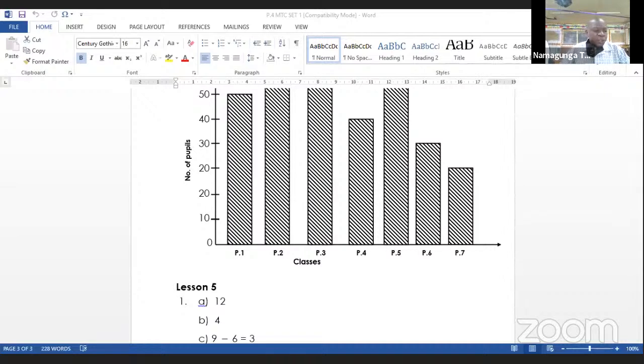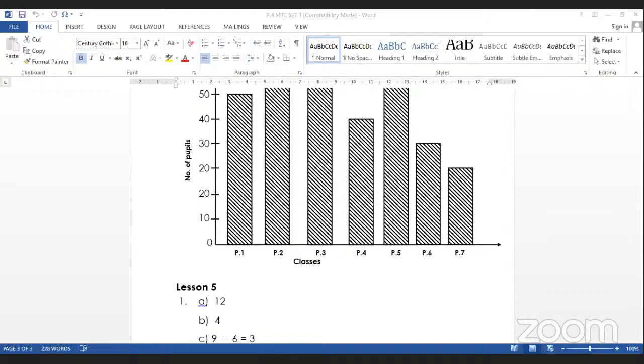How many more goats than sheep are on the farm? Whom should I pick? Nachibuka? Yes, please, teacher.